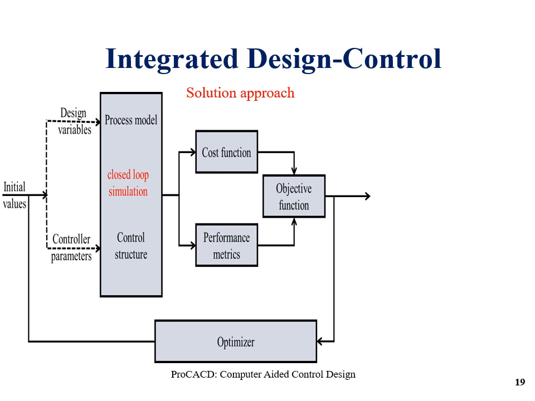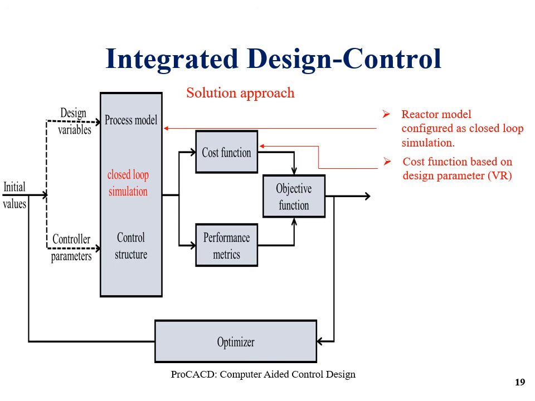Here you have a process model first, which is the reactor model. So you'll configure a closed loop simulation in a generic format. Then in the cost function you will take the design parameter VR as an input, and you will take the performance metrics, which will include the controller performance, for example ITSE, the integral of time-weighted squared error of your set point and your CV.